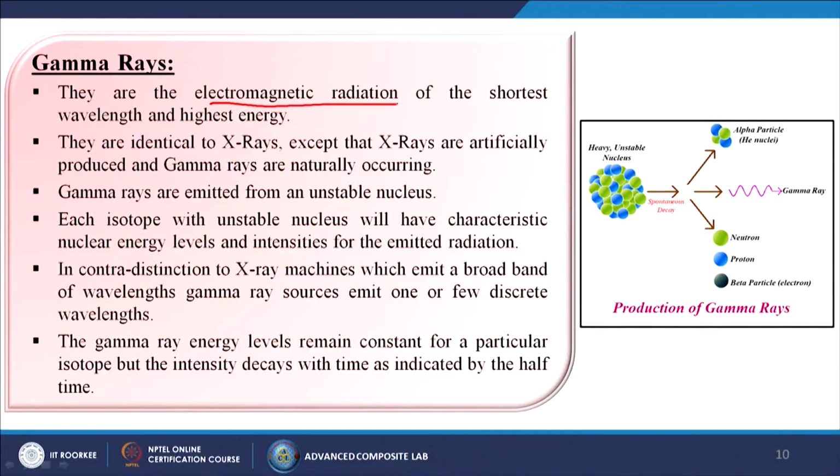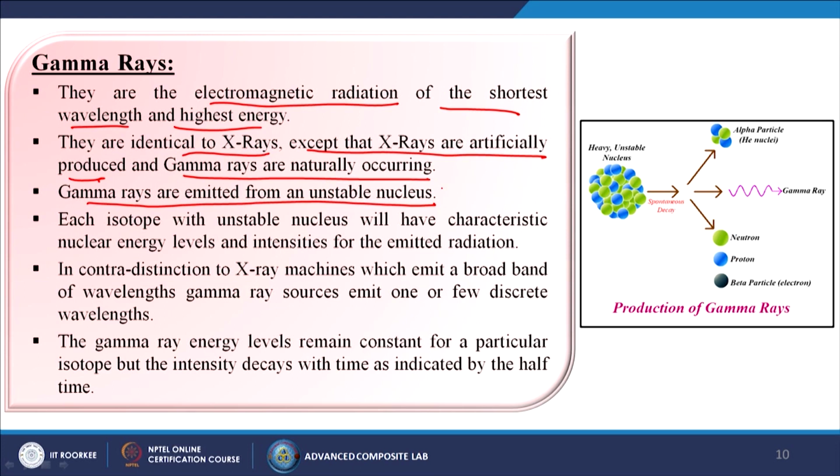So now we are coming to gamma rays. They are the electromagnetic radiations of the shortest wavelength and the highest energy. They are identical to X-rays, except that X-rays are artificially produced and gamma rays are naturally occurring. Gamma rays are emitted from an unstable nucleus.